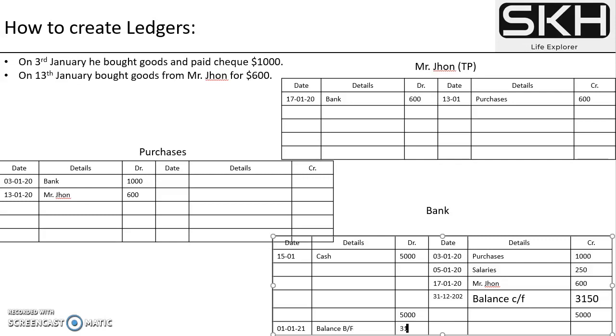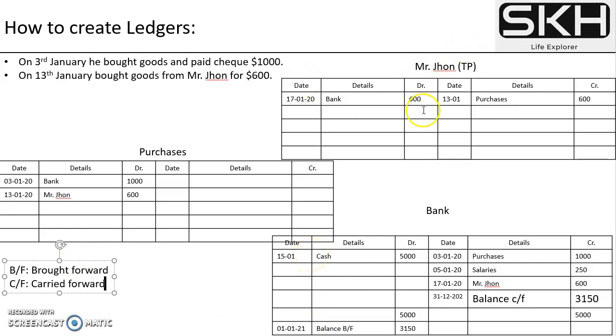So it is 3,150. I'll add it here for reference so you can note it down. So BF stands for brought forward, and CF stands for carried forward. These two terms we use in the ledger.